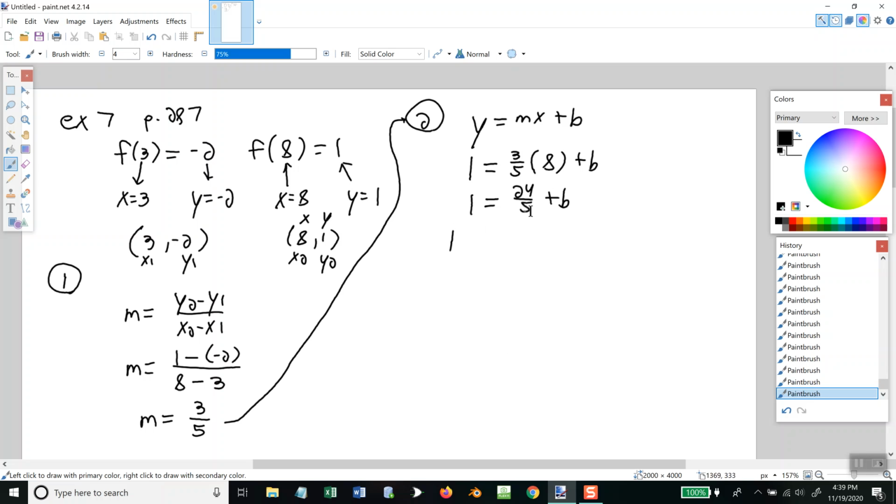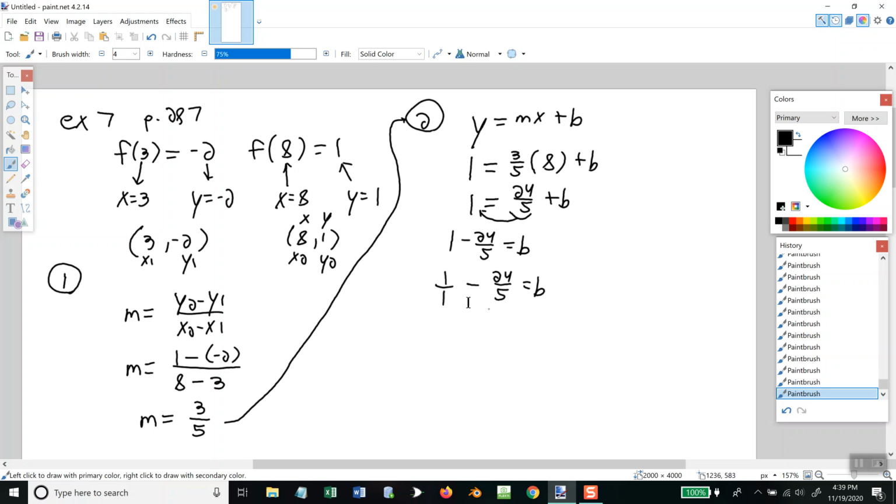I need to get b by itself, so I take the 24/5, move it to the left side, or subtract 24/5 from both sides. Two ways you could simplify this. This is a mixed number form. You could do it that way, or write them with a common denominator. We can always create a fraction by putting it over 1, like that.